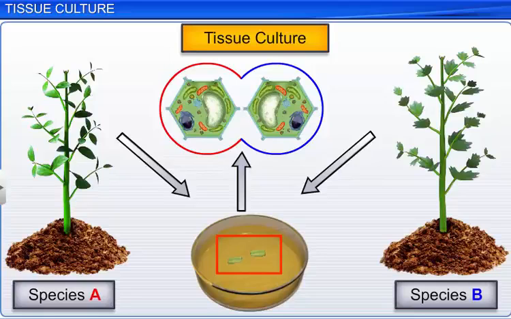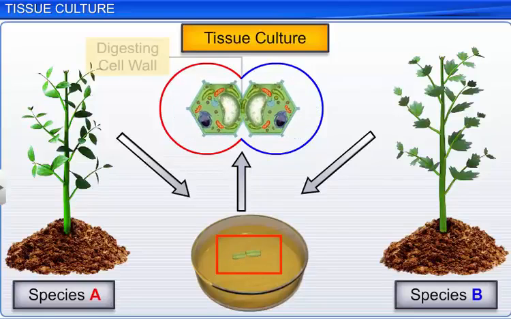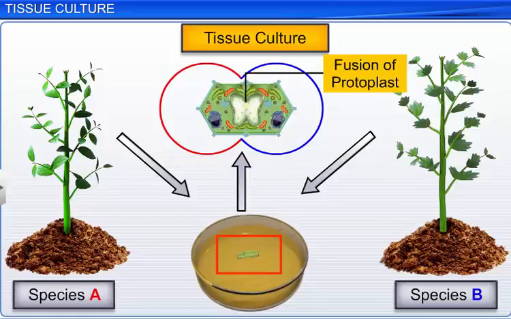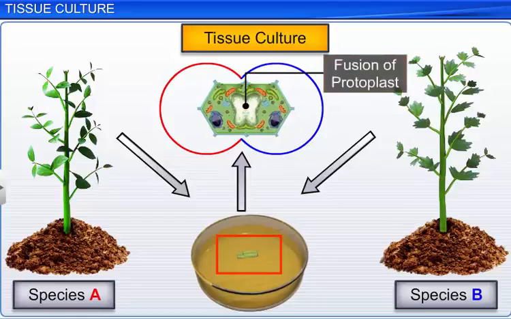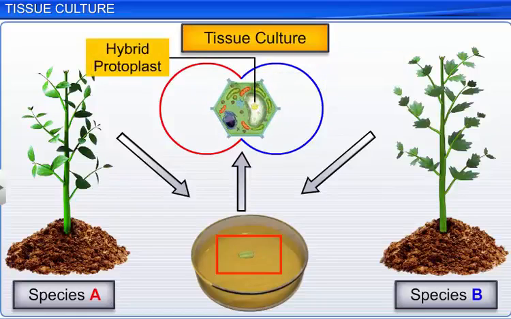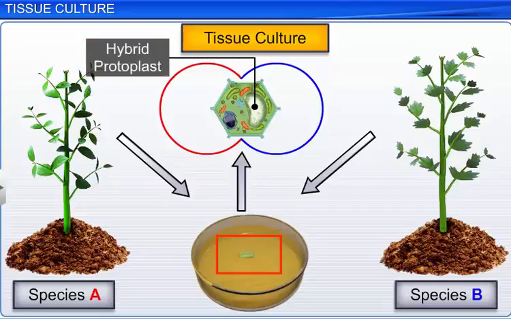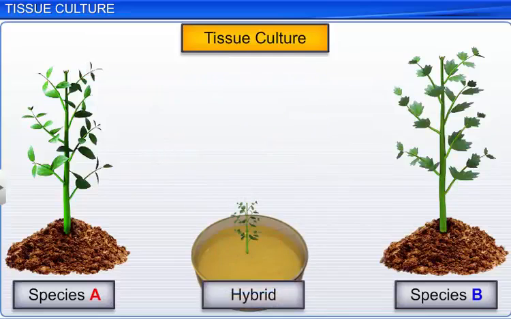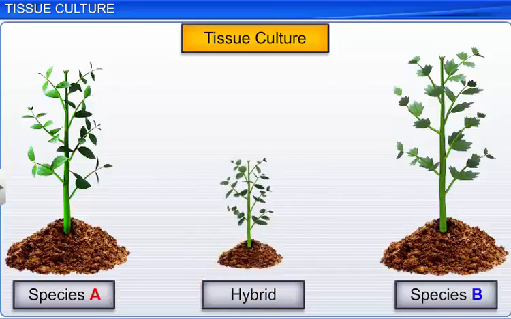The cell wall gets digested in both cells, which aids fusion of the two protoplasts of different species, resulting in a hybrid protoplast. The hybrid protoplast is called a somatic hybrid, which gives rise to a whole new plant and may contain the desired characters of both species.